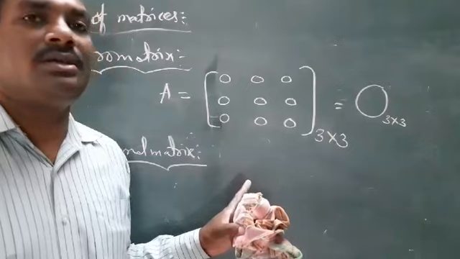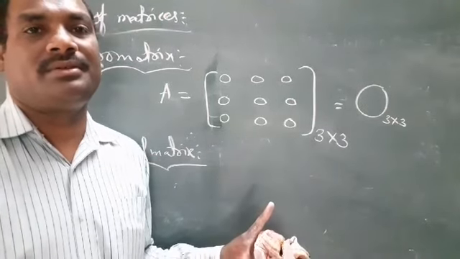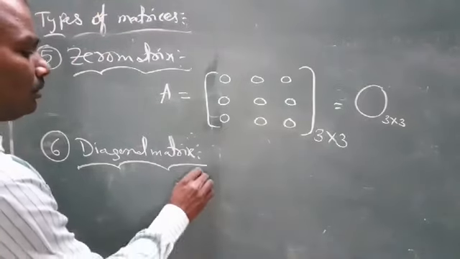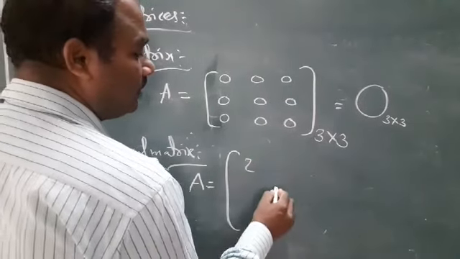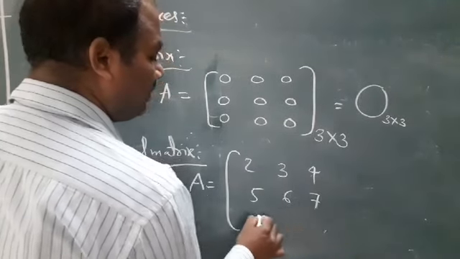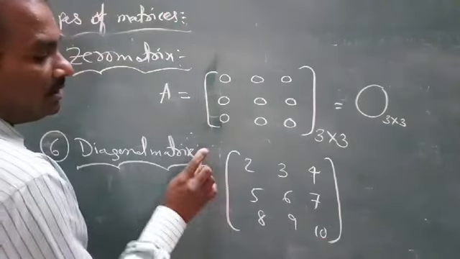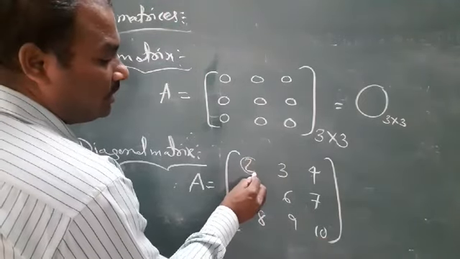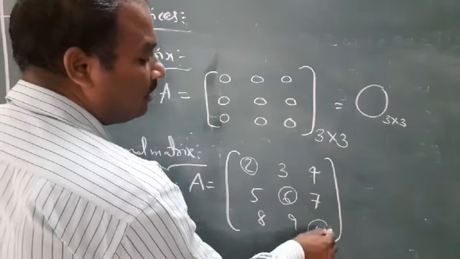Diagonal means we have a diagonal for a square. Now here, for example, 2, 3, 4, 5, 6, 7, 8, 9, 10. Here, first row first element, second row second element and third row third element.